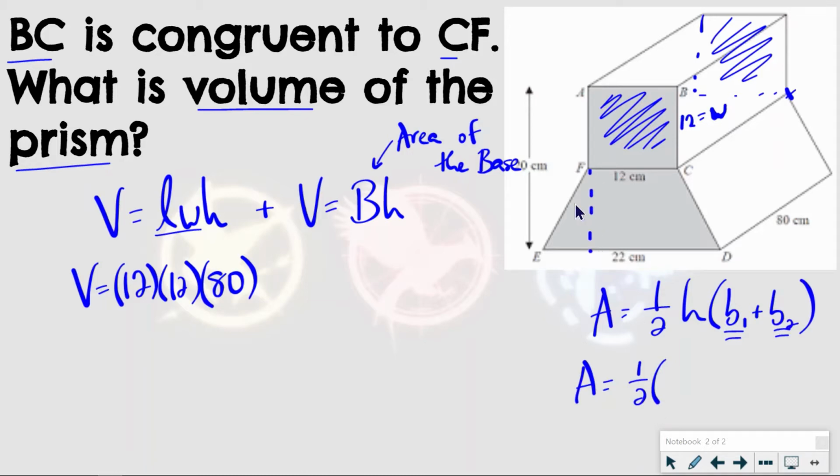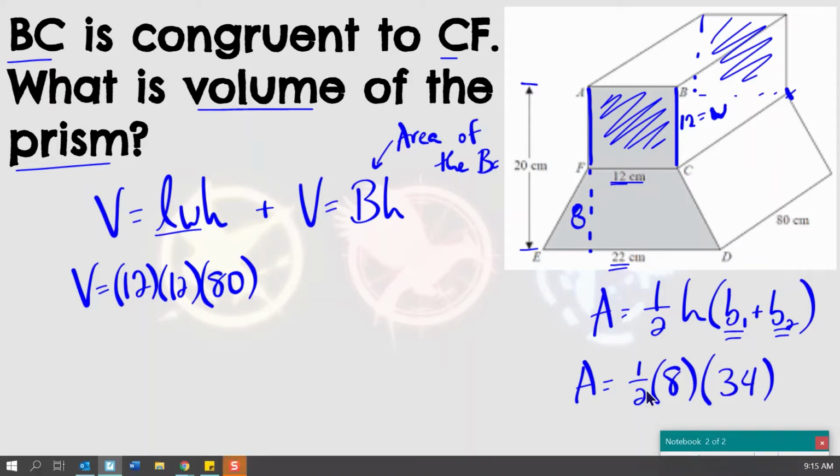Straight up and down there, I see that this entire distance from the top all the way down to the bottom is 20, and this part of it is 12, so that's 12 out of that 20. This part has to be 8. So the height of the trapezoid is 8, and for base 1 and base 2, I'm just going to add those together in one step and get 34.